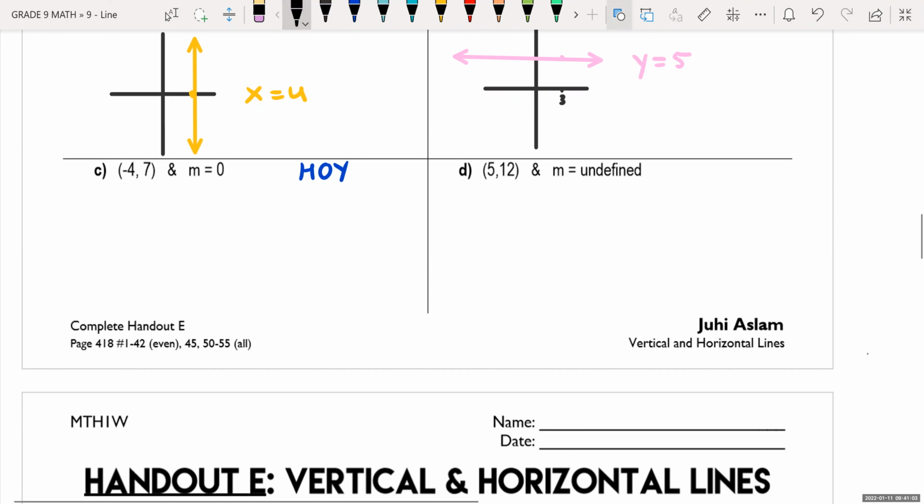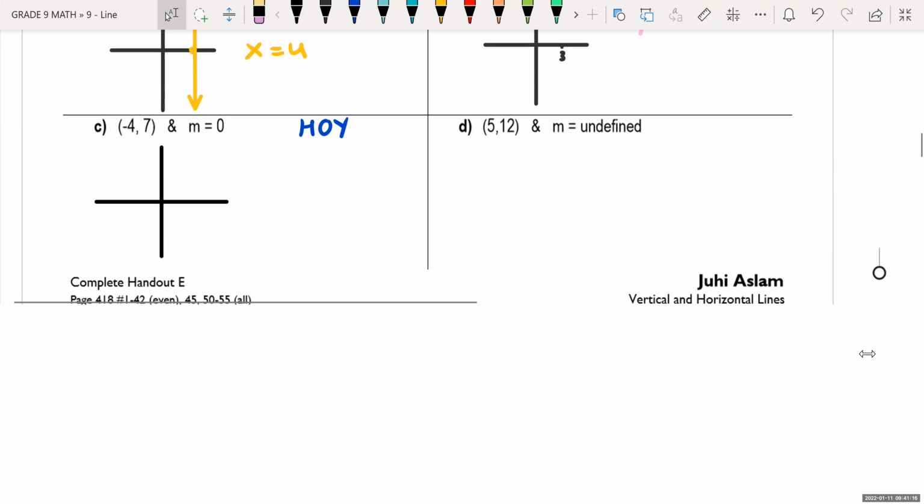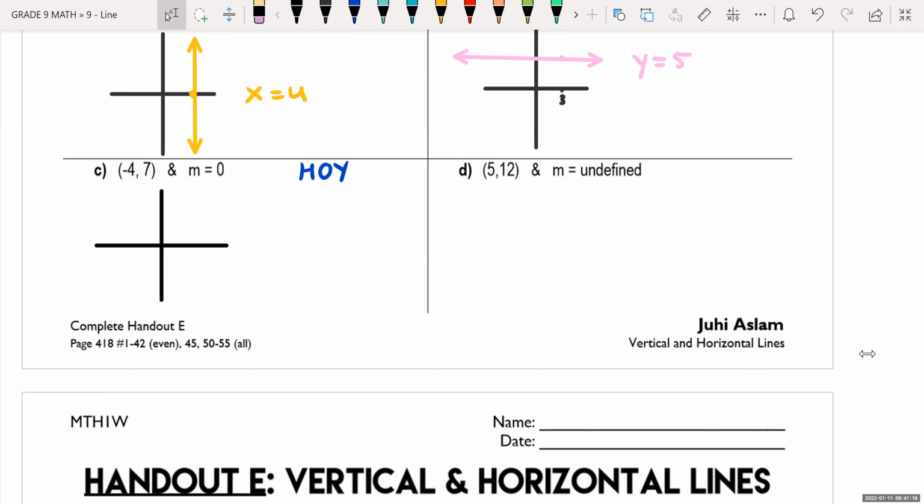All right, using that information, let's go ahead and draw a little grid right here and do the same thing we've been doing in the previous questions. So it's going through -4, 7. So -4 is approximately here and 7 is approximately there. So that means my point is going to be somewhere here.